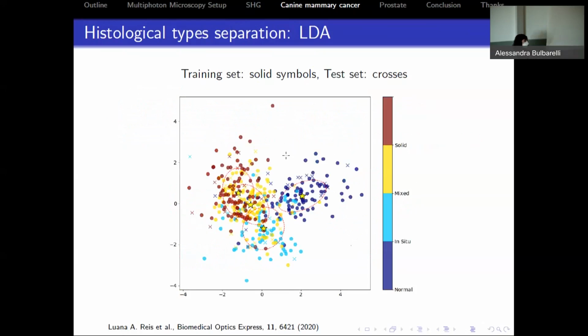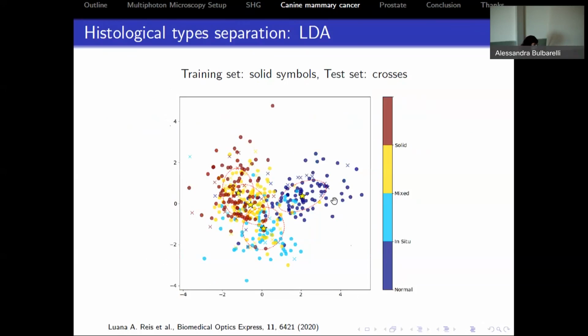Looking at the histological type separations of the canine mammary cancer, we get this separation here. Those are the axes which, according to the linear discriminant analysis, project the data in a more separate way.